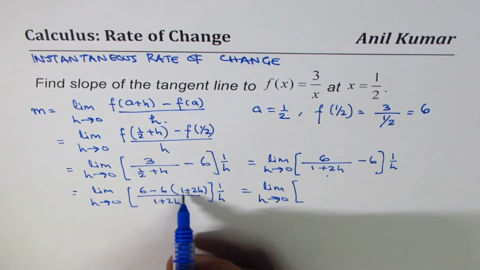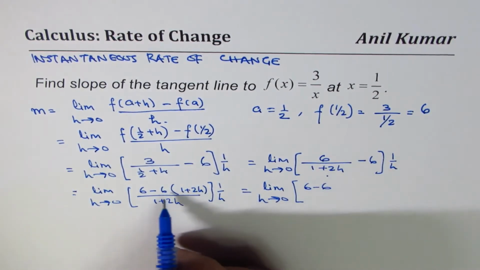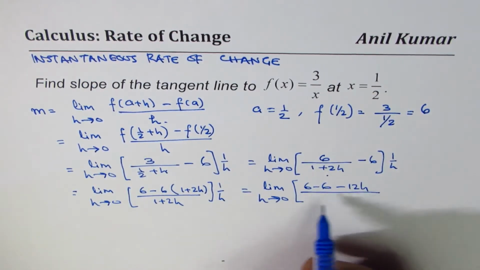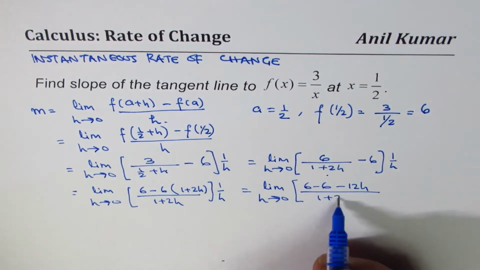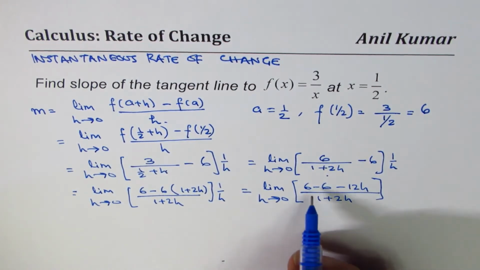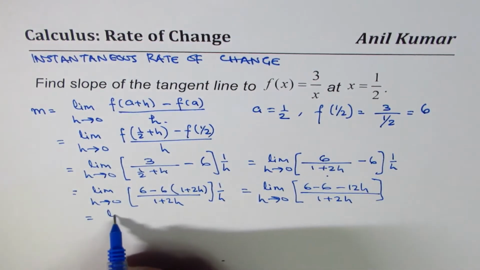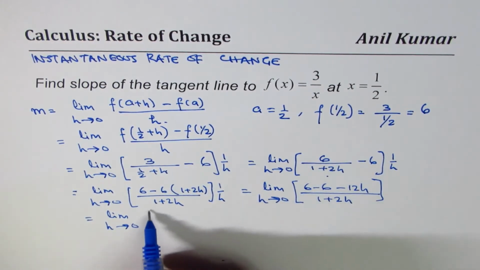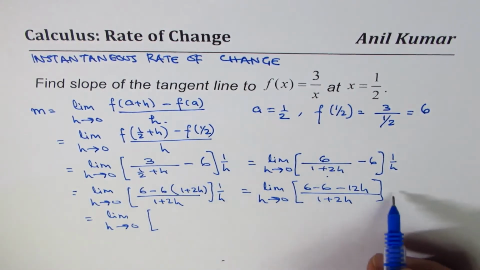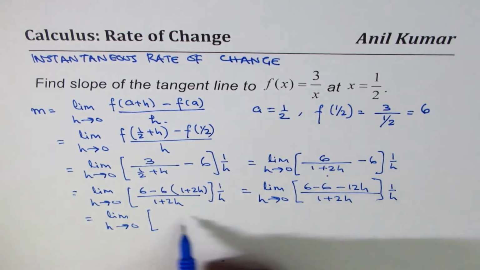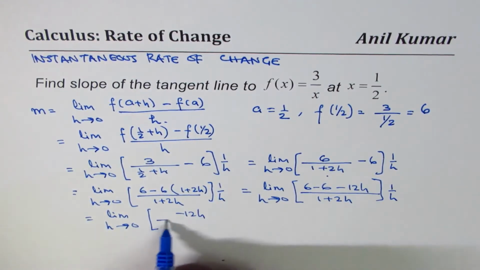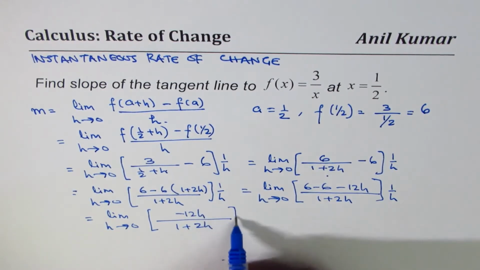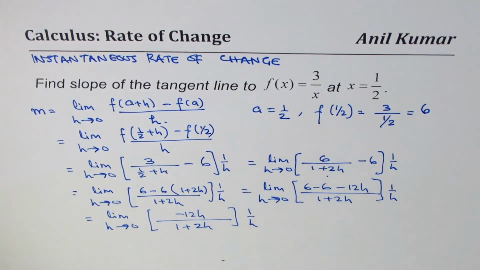We have 6 minus 6, and minus 12h, over 1 plus 2h, right? Now 6 minus 6 is 0, so we get the limit as h approaches 0, times 1 over h also, yes.